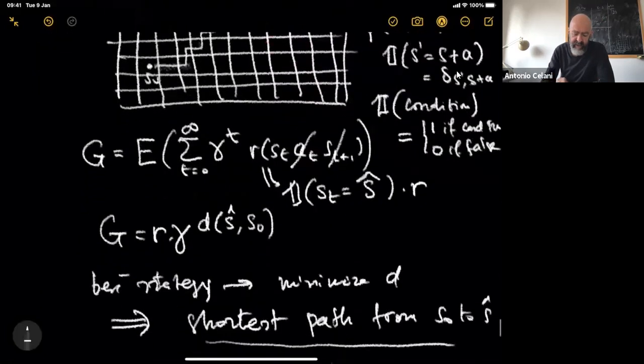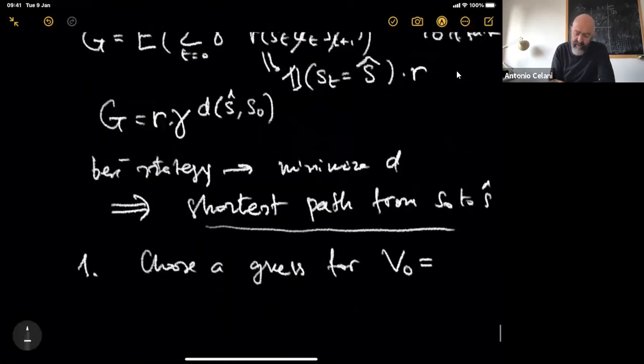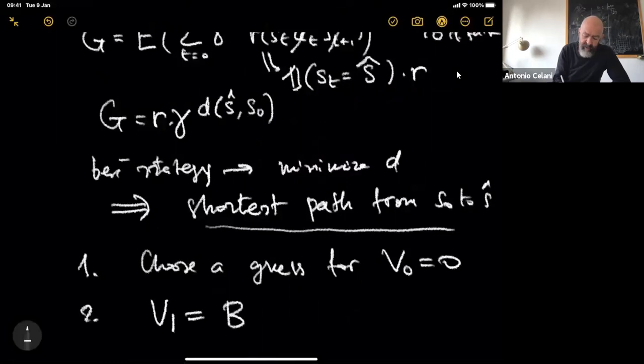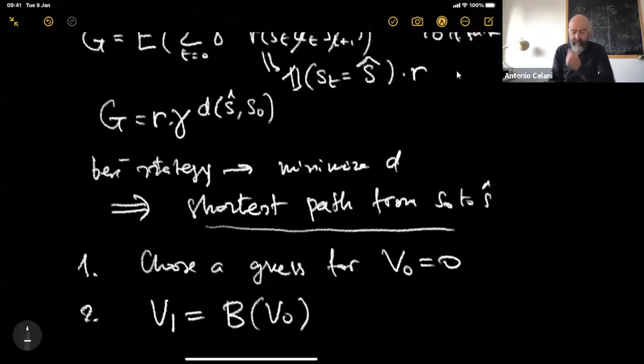And you start with a guess, which is everything is 0. And then we apply the first step of the value iteration algorithm, which says, well, V1 is going to be the Bellman operator acting on V0.